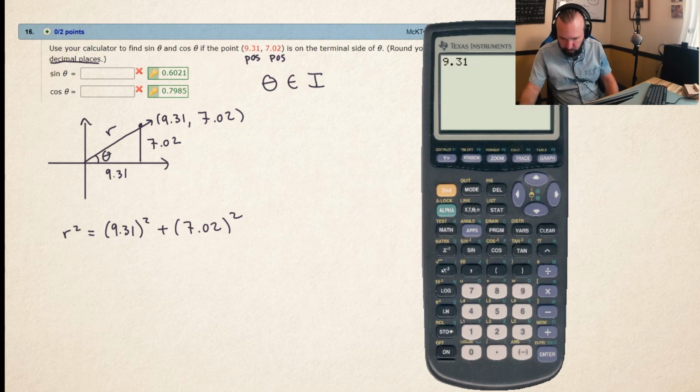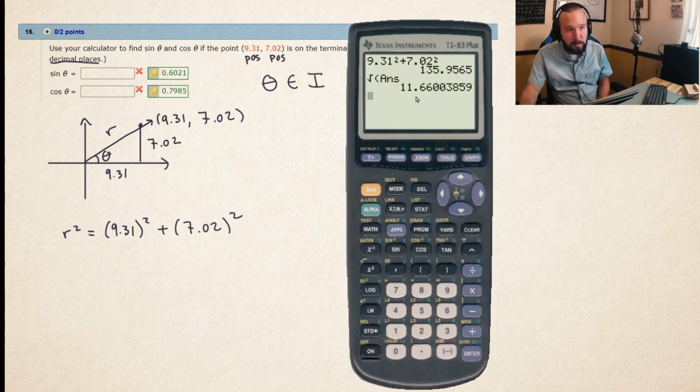So 9.31 squared plus 7.02 squared. Okay, and that gives me a long decimal that has 4 decimal places in it. Then I'm going to square root that answer. I get 11.6600, and then I look at the next decimal place to decide if I need to round up or not.